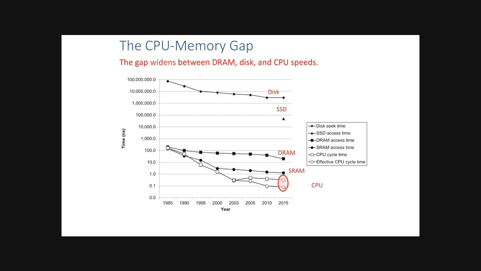And then, of course, what's happening now is now in 2020 with one of these 8-core machines, this gap is just widening even further. And it's further away from, say, our disk, our SSD, our DRAM, and our SRAM access times. And so this could be a problem.